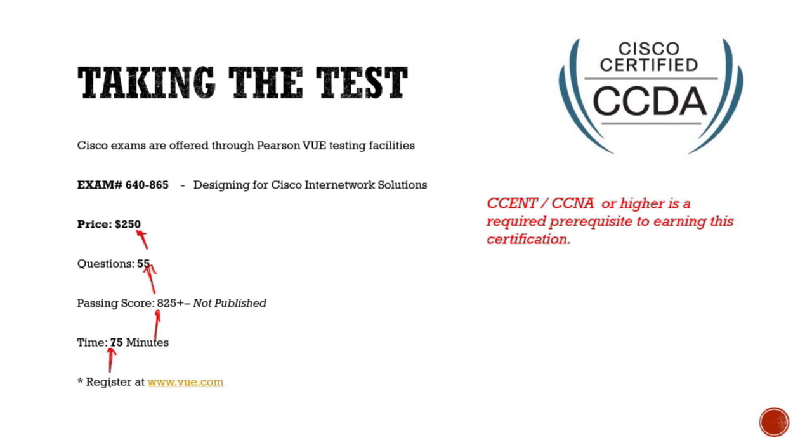Now, the exam time, questions, and price do vary. That's different from what it was whenever it was 640-863 in the past. So it does change, and you do want to double check the number, the date, and the time. This is all at cisco.com/go/certification, which has the latest, most up-to-date information.